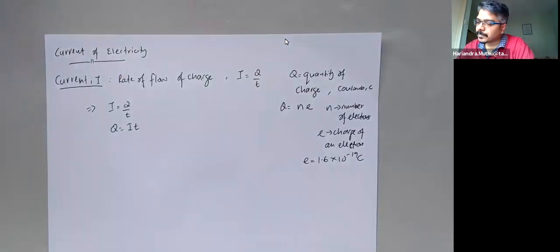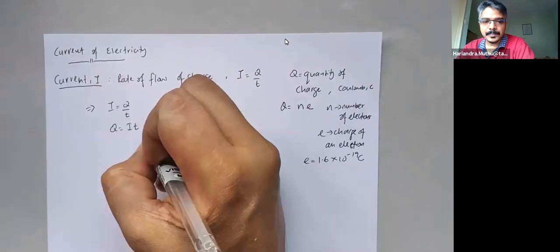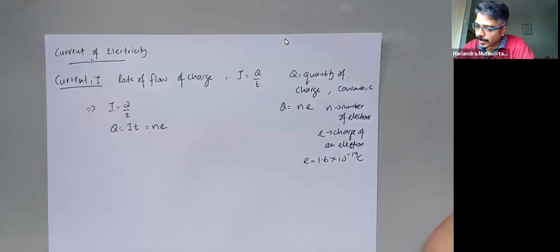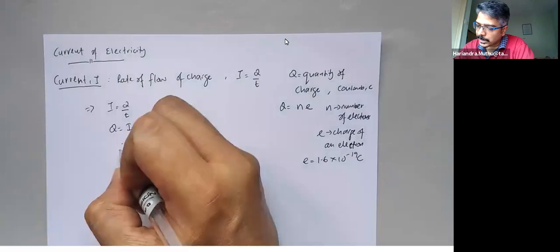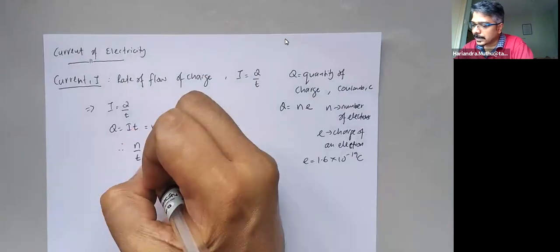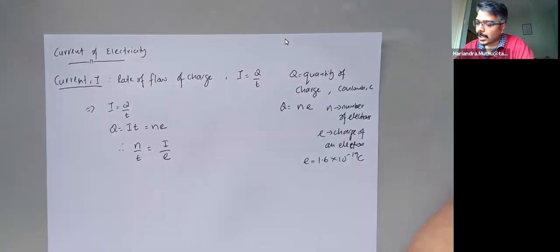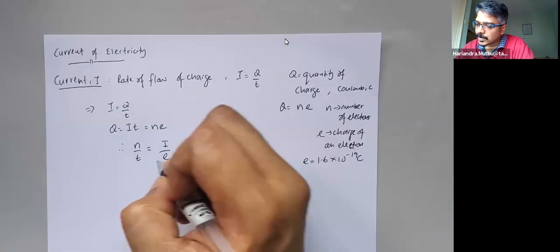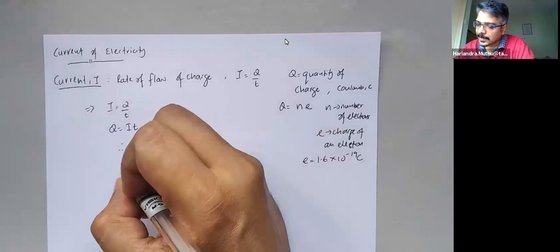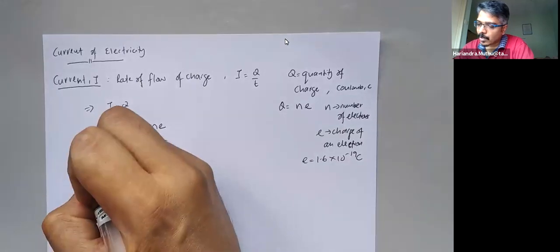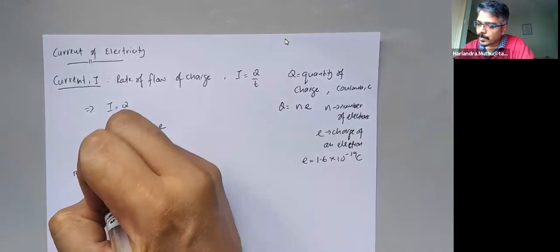And It is equal to Ne. So therefore, N over T is equal to I over e. N over T is known as the rate of flow of electrons.